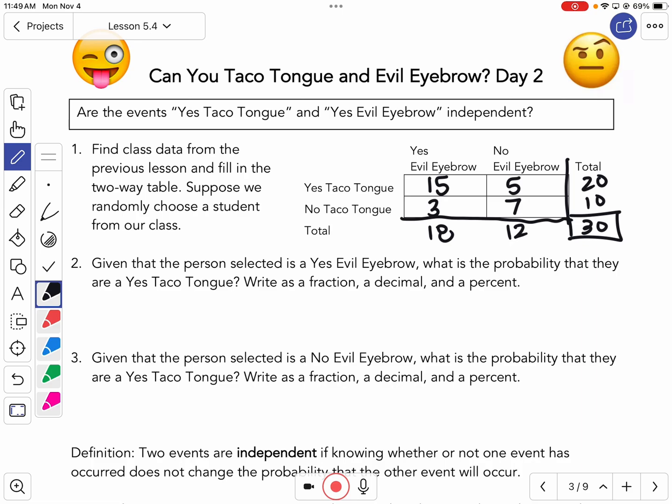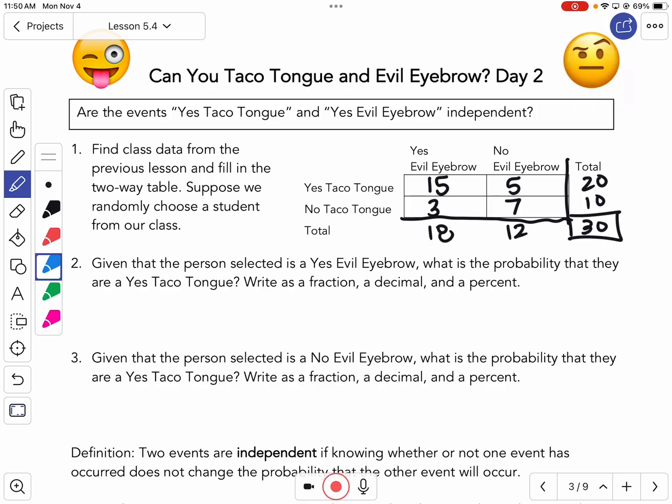All right, so let's jump in here. It says, given that the person selected is yes to the evil eyebrow, what's the probability that they are a yes to the taco tongue? We want to do it as a fraction, a decimal, and a percent. It says, given that they are a yes to the evil eyebrow.